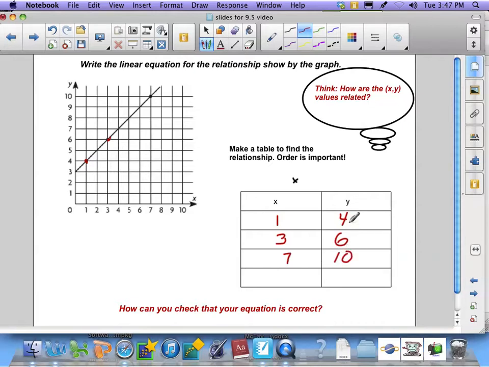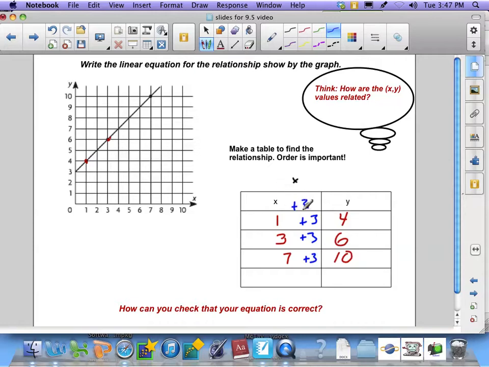So now I want to write the equation that's shown by this graph and this table and the relationship that's there. So I'm going to look at my x values, I'm going to look at my y values, and I'm going to see how they're related. I've got (1, 4). Okay, so I can see if I add 3 to x, 1 plus 3 is 4, 3 plus 3 is 6, 7 plus 3 is 10.